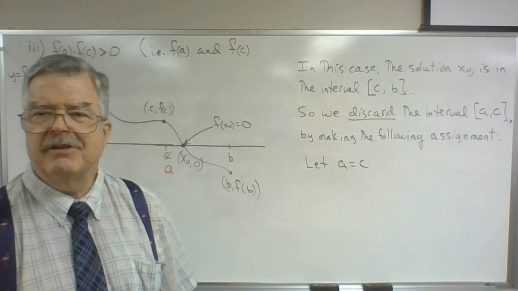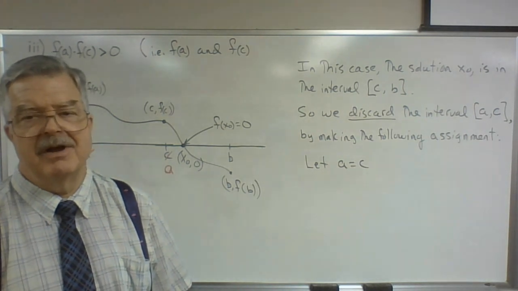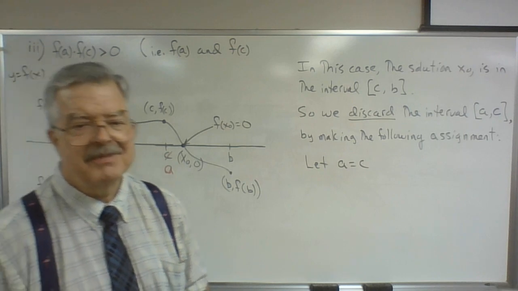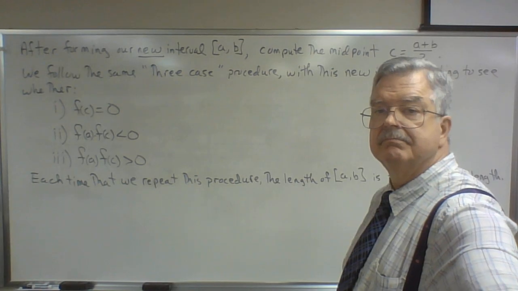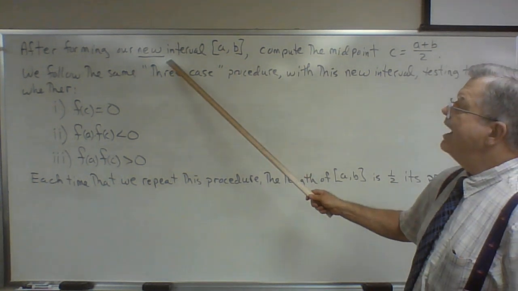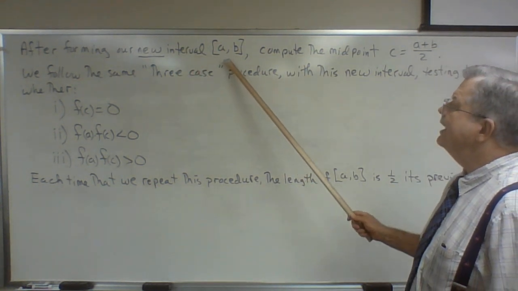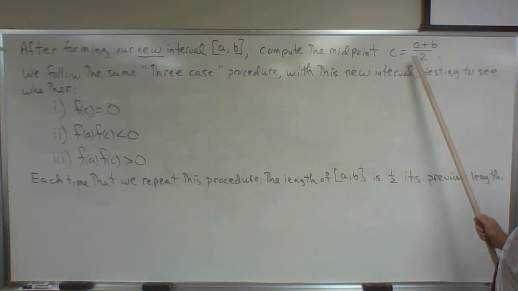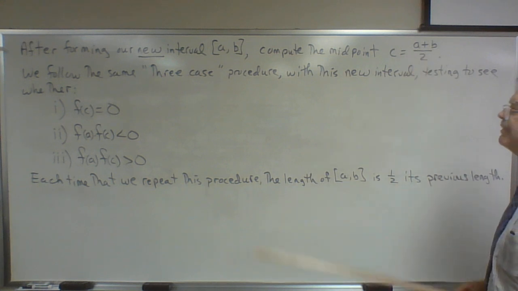Well, that's progress, but it doesn't seem like much progress. But in fact, it is. After forming our new interval, AB, compute the midpoint C, which is just the average of the two endpoints.